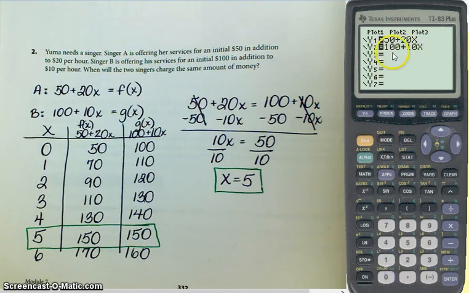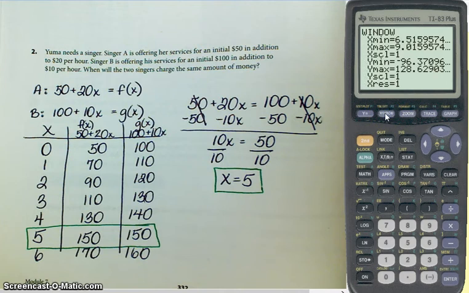I'm going to take a look and redo my window settings. I'm going to say my minimum x value is 0, because I can tell that all of this is going to be both positive x and positive y's when I solve this. And then I'll just go to 10. I think that'll be enough.